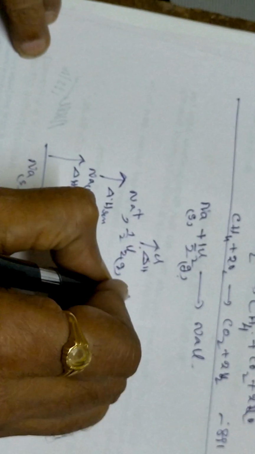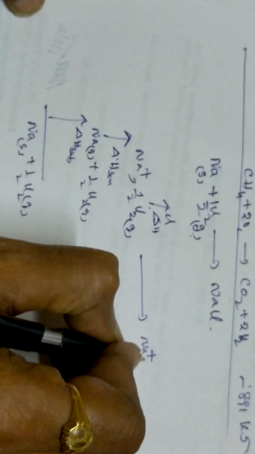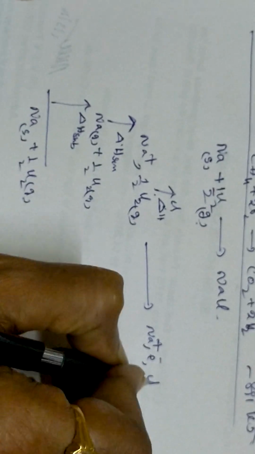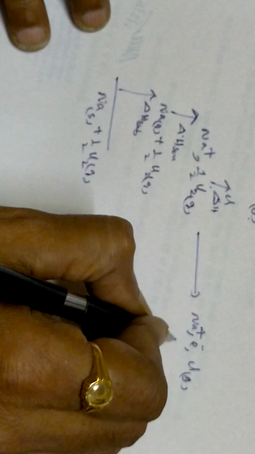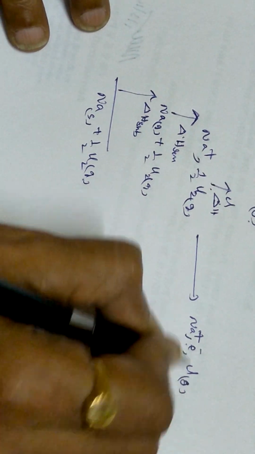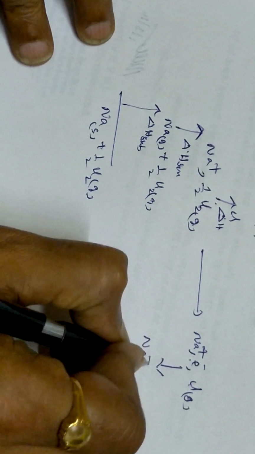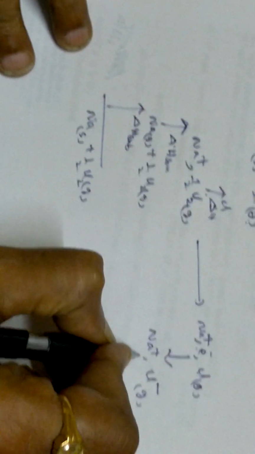Then what we have is sodium plus and an electron, and chlorine atom. Then the electron is added to the chlorine, and sodium plus and chloride ion, both gases, are formed.